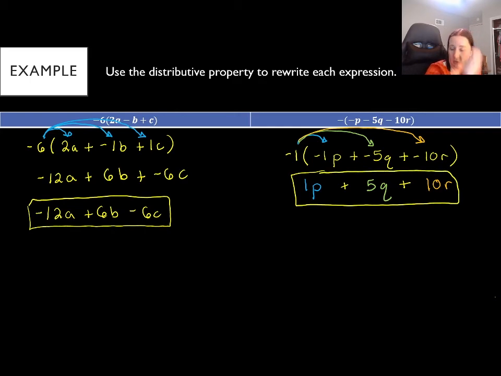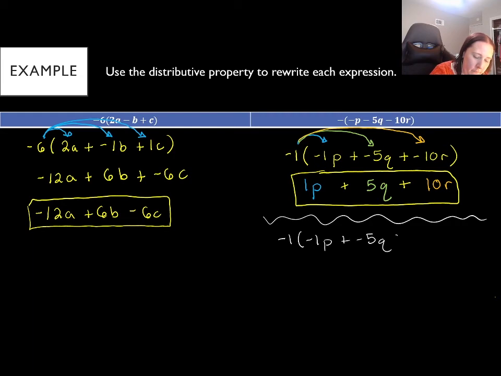Some people actually like to color code the whole thing. So let me show you an alternate way to do color coding here. I'm going to just do everything in white and then I'll change the color. So I'm going to just rewrite what I have here. And so let's say I make my number in front yellow, and then I pick another color.